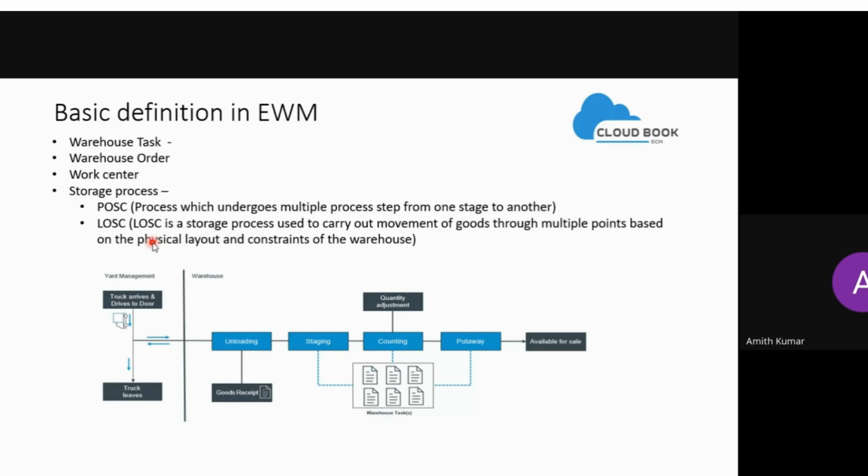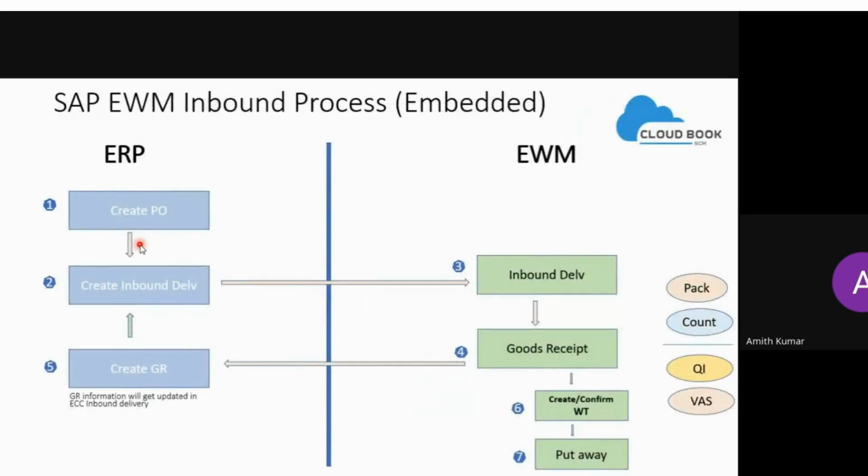So these are the two very important processes in EWM. I would say, as I said, these are the core or the heart of EWM, and you should be aware of them. This is a must, and we will definitely go through this in detail whenever we start our course. So that was the basics of POSC and LOSC.